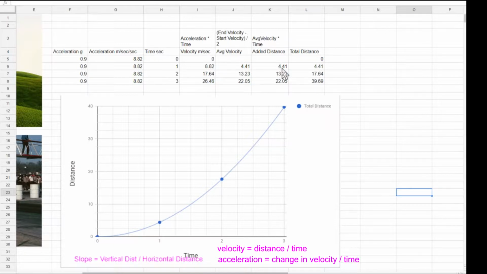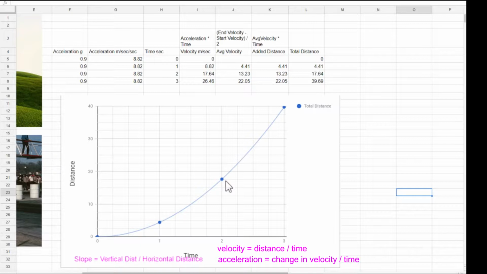In the first second, the total distance goes up by 4.41 meters. In the second second, it goes up almost 3 times as fast, 13.23 meters. So that's what's causing this rising curve of the total distance versus time. It's simply because in each second, the car goes a longer distance than it did in the previous second.